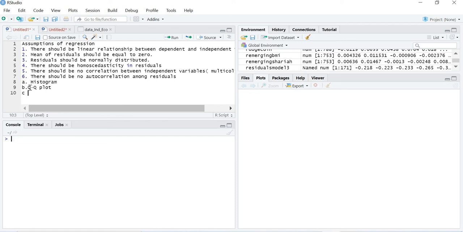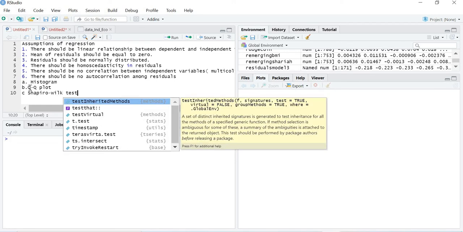The third way is to check by the Shapiro-Wilk method, so I can write Shapiro-Wilk test. This is the third way.